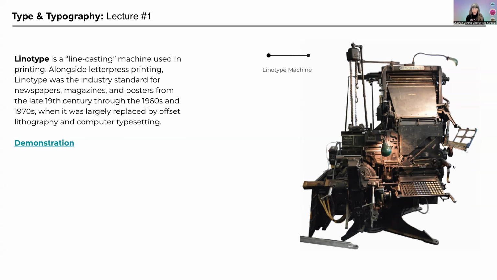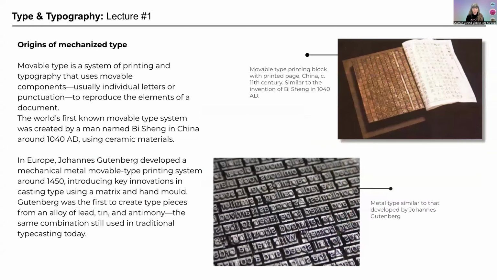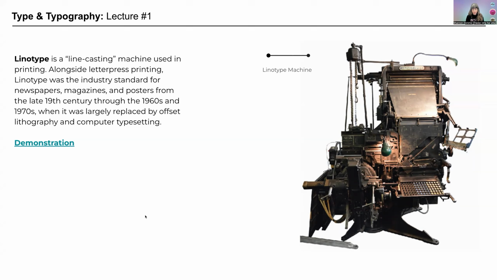So we talked about Gutenberg's press and his metal matrix of type using this alloy of lead, tin, and antimony. Here, the linotype machine has a molten pot of that alloy.